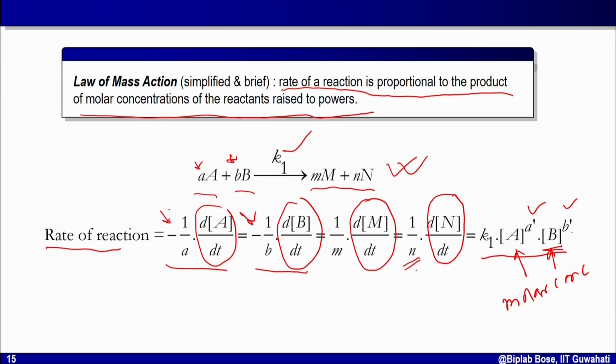These are minus because there will be a decrease in A and a decrease in B, whereas these are plus because M is increasing and N is increasing by this process. So whenever possible, we'll try to use this type of law of mass action equation. But remember, in all cases, you cannot do that.